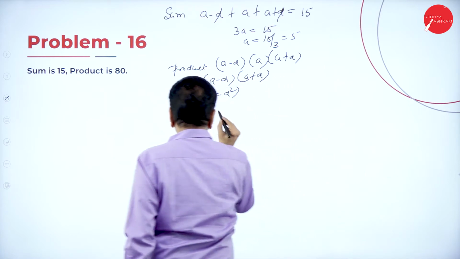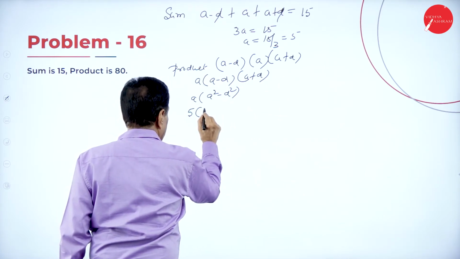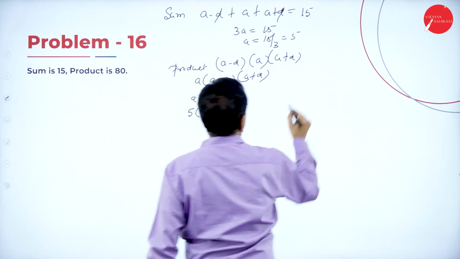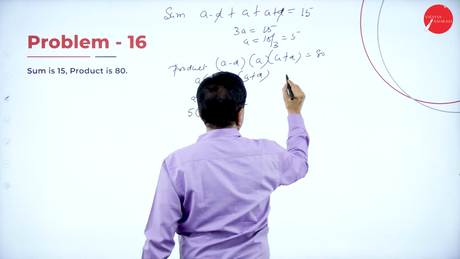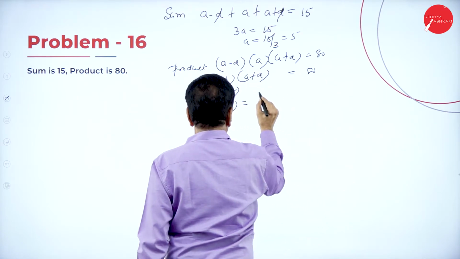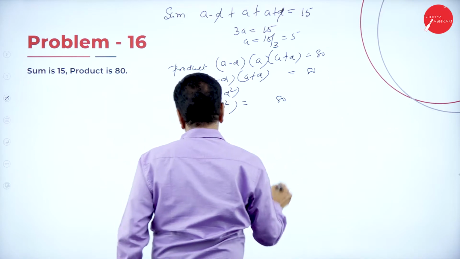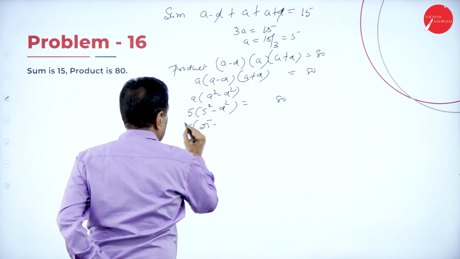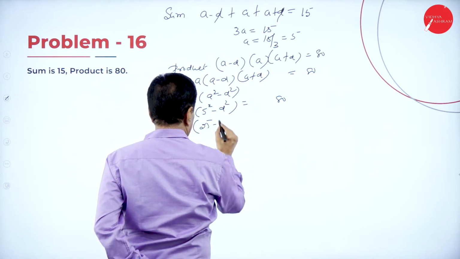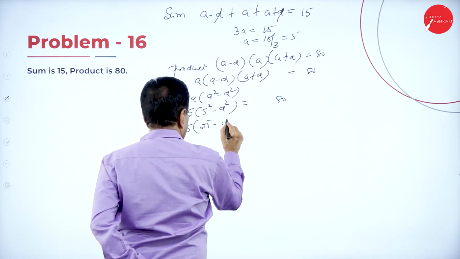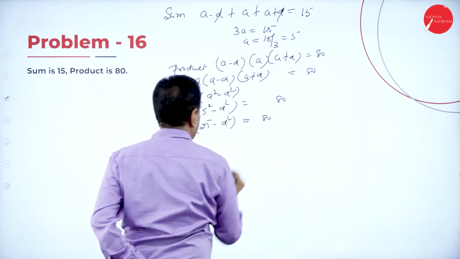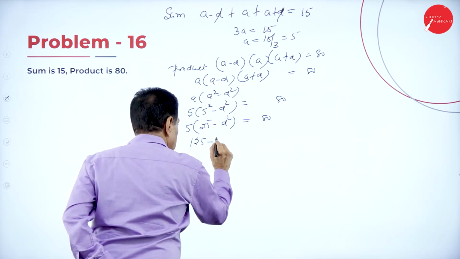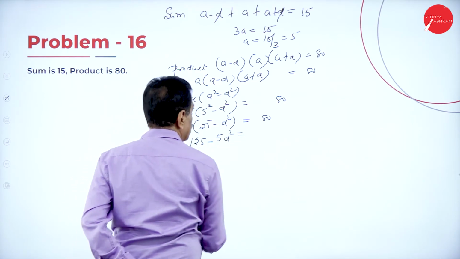What's your A? 5. 5 square minus D square is equal to 80. 5 square is 25. So 25 into 5 is 125 minus 5D square is equal to 80.